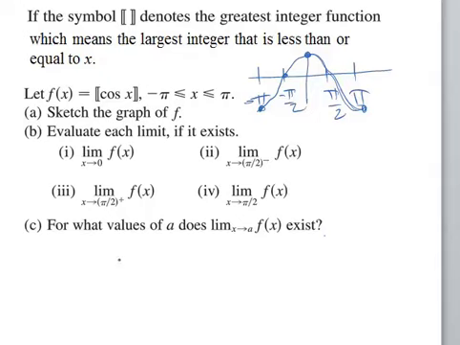So if we wanted to sketch a graph, we'll put it down here, of the greatest integer function. We first of all see that at negative pi the cosine is negative 1. So at negative pi we are going to start down here at negative 1.